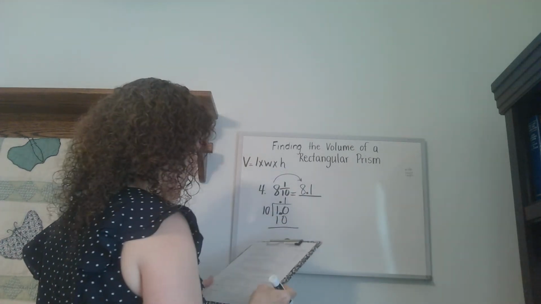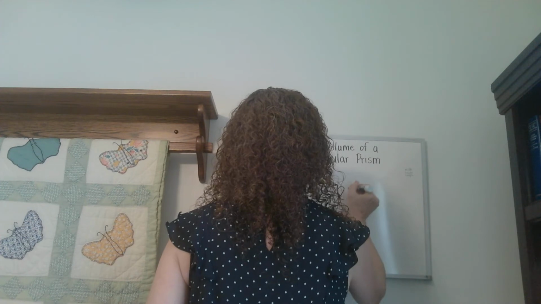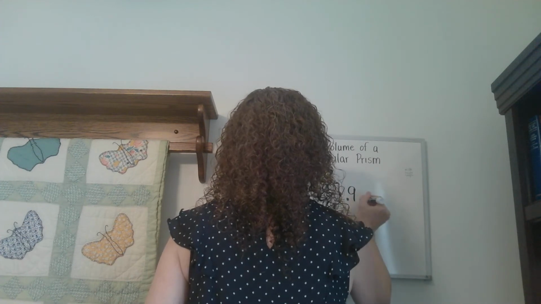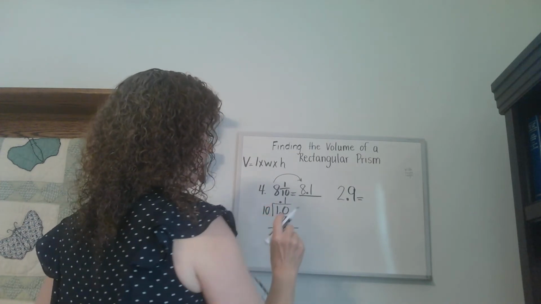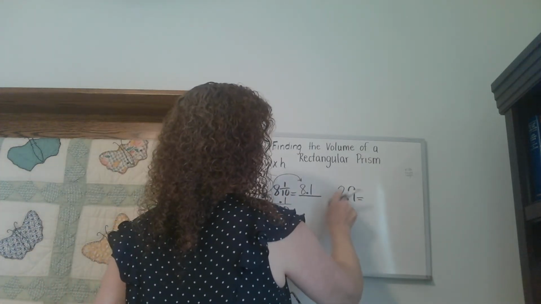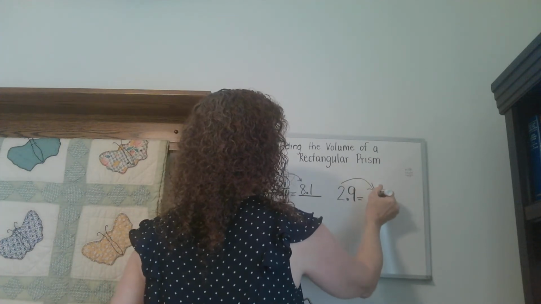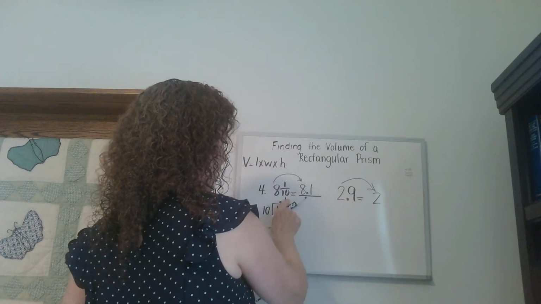All right, so let's look at the next one beside it, which says 2.9 is equal to what fraction? All right, now you're just going to do the opposite. You're going to say it's 2. This number doesn't change. And then to write this as a fraction would be like we did here.